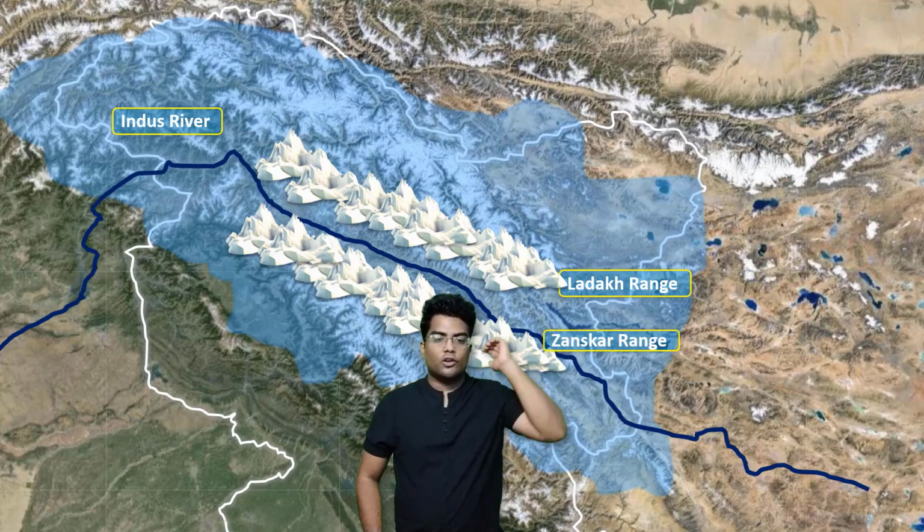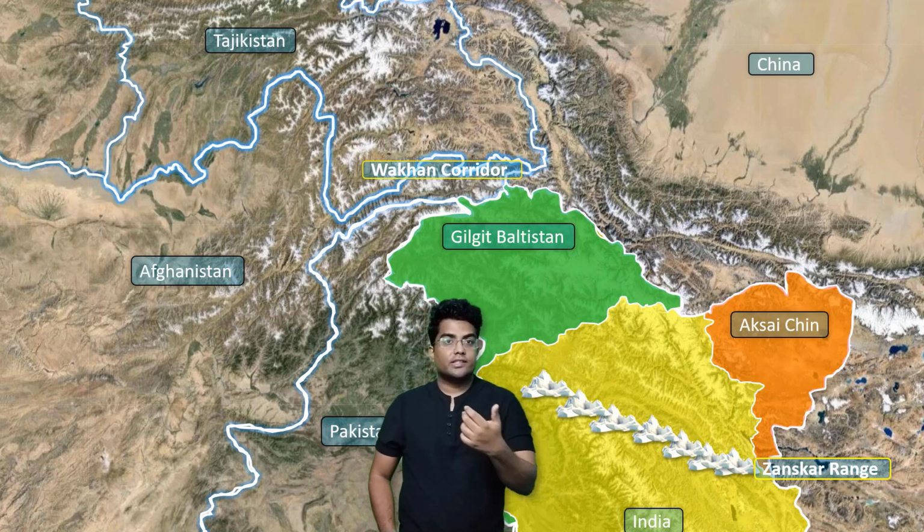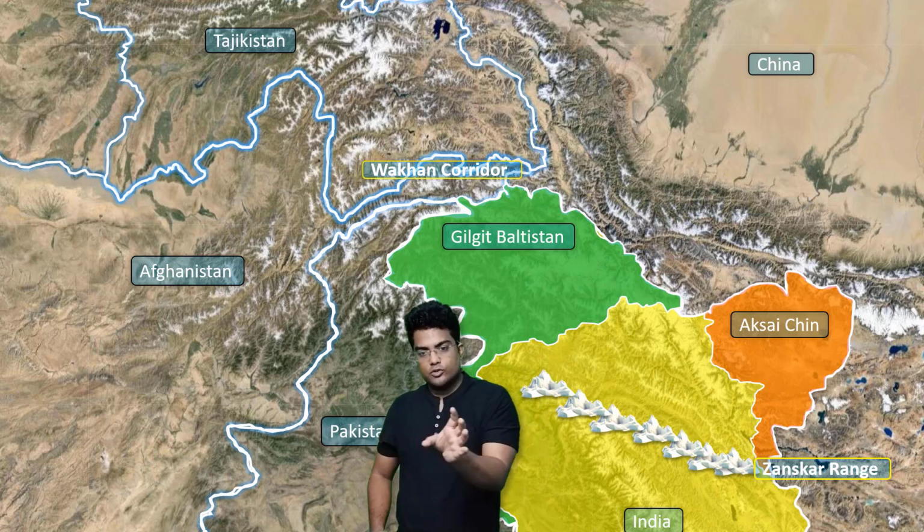So moving on. This is the perspective of where the Zaskar range lies. Now, if you're familiar with the Karakoram range and the Ladakh range, you should know that the Karakoram range essentially runs from Gilgit-Baltistan to parts of India and then to Aksai Chin. Similarly, the Ladakh range also starts from Gilgit-Baltistan, goes through parts of India and then into Aksai Chin.